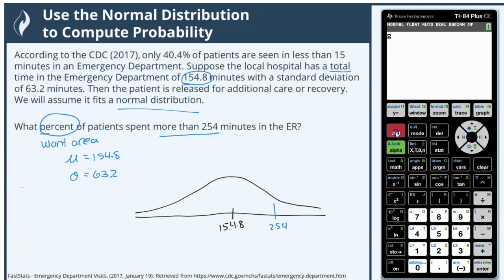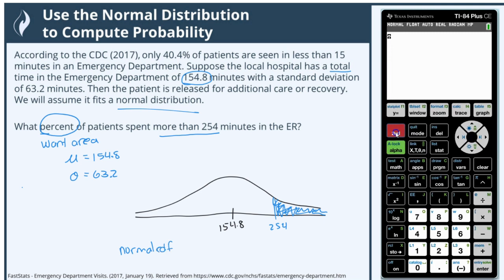Being that I want percentage more than that, and I want area more than this value, the area would be to the right of it. So this is the shaded region. This is the area that I want for this situation. And every time I want area, we use our calculator trick called normal CDF.